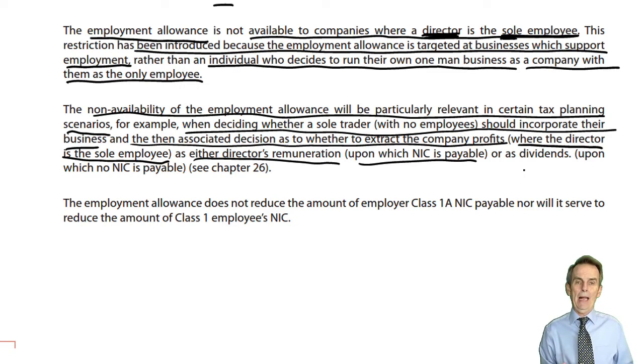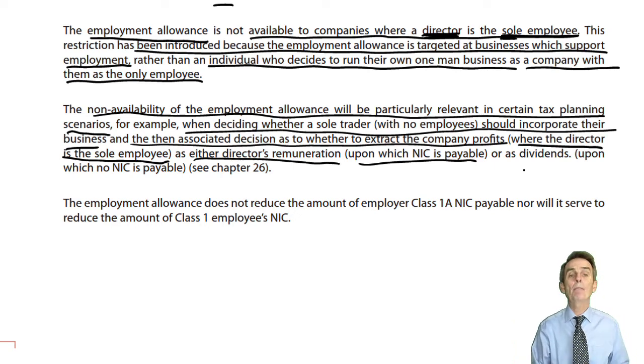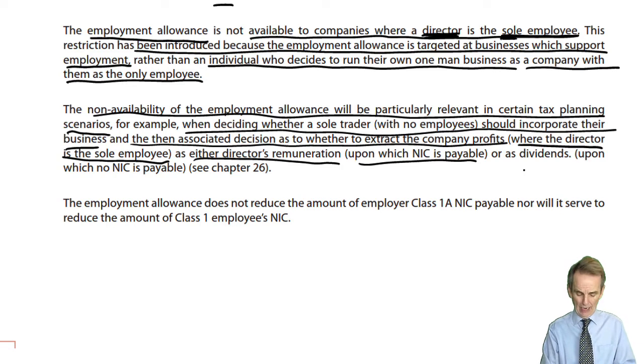Whereas in your capacity as manager, the director of the company, you pay yourself a salary. In relation to the salary that you pay yourself, as an employee, there is Class 1 primary NICs, and as for the company, the employer, there's Class 1 employer NICs, as well, of course, as 1A if there are taxable benefits involved.